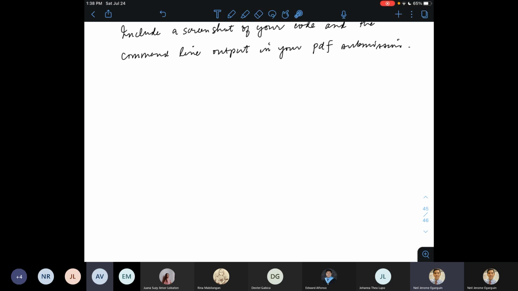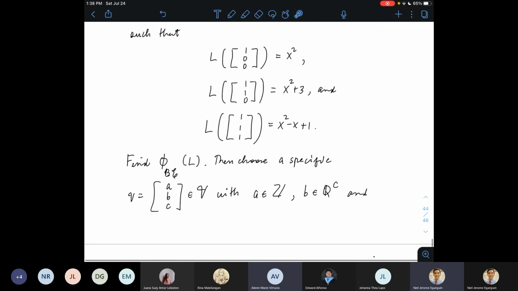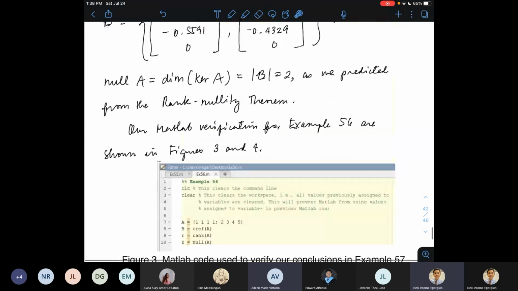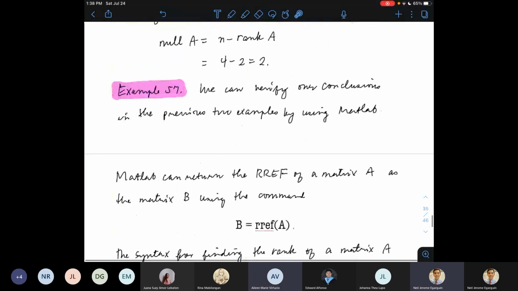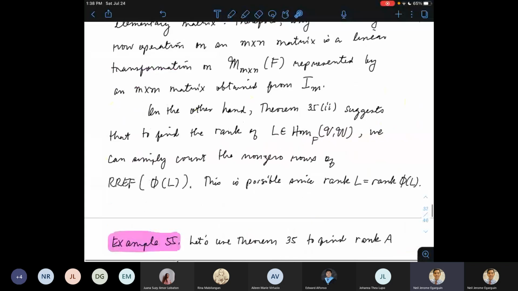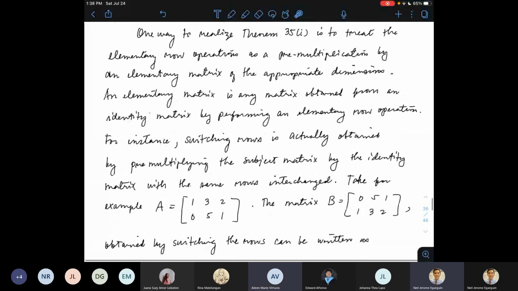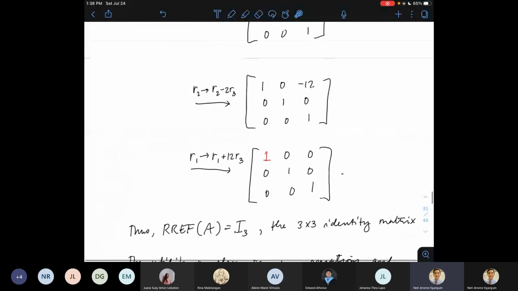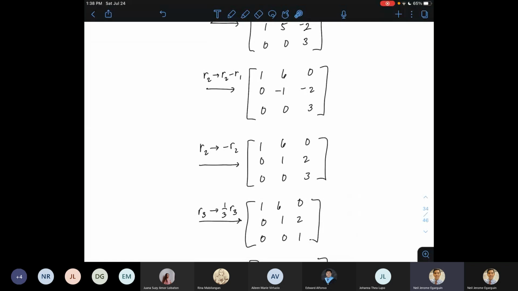Sir, magbibigay pa po ba kayo ng example for yung corollary? Which corollary? Yung reverse one. Yung reverse? I'm not planning to. Okay. Let's see. Ang tatanong ko lang ay magbibigay ako ng matrix, hindi naman kalakihan.